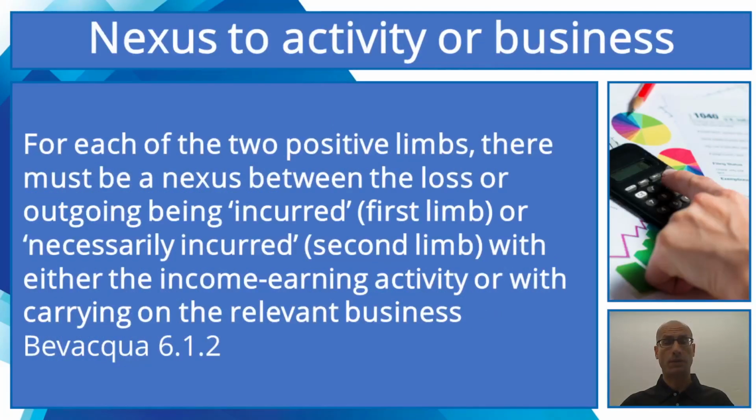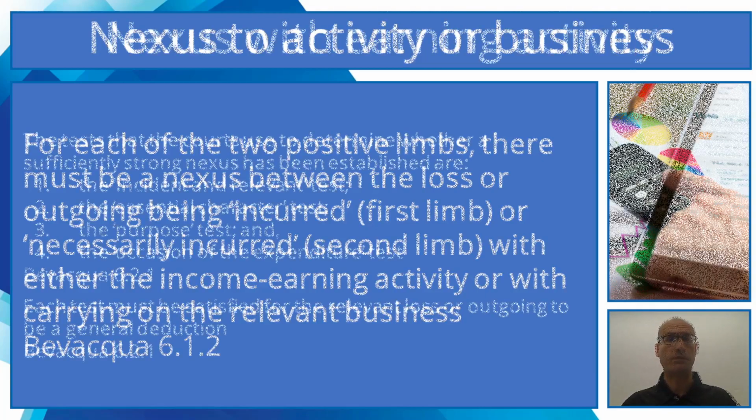Now, what the courts say in regards to both limbs of 8-1 is that there has to be some form of logical and factual connection between the particular amount that's expended, be it a loss or an outgoing, and it being either incurred under the first limb with the relevant income earning activity, or necessarily incurred with the business in regards to that second limb. And there are some tests that the courts have used to explain this in a little more depth.